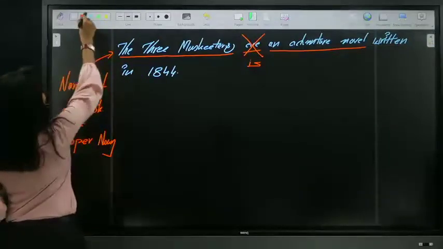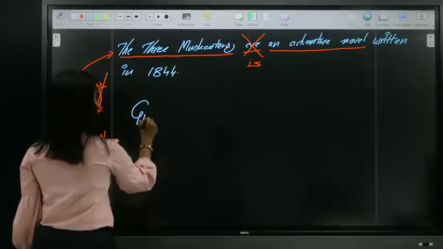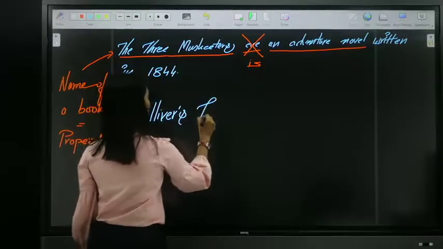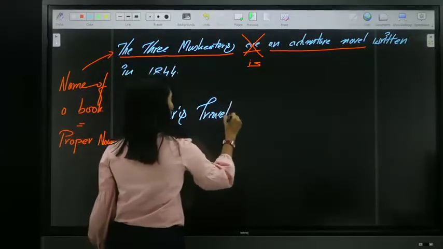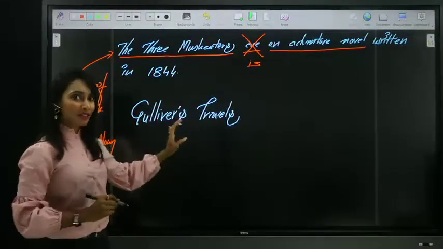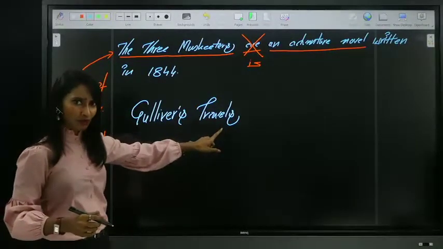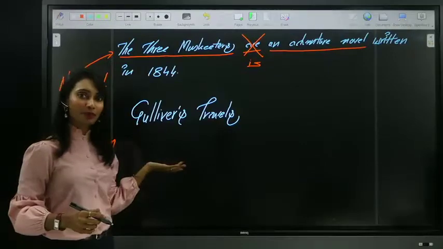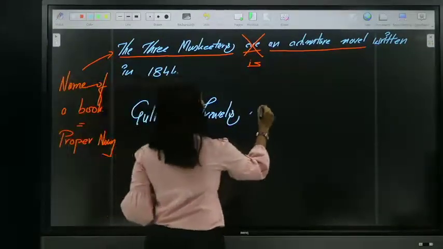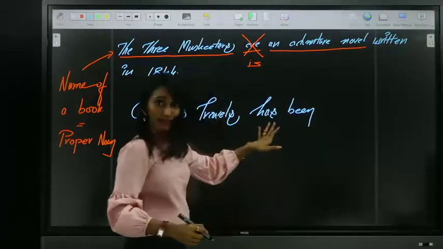Let me give some more examples of such kind. You might have read Gulliver's Travels. It's one of my childhood favorite books. So it is also an adventurous book, right? So Gulliver's Travels is the name of a book. Is it singular or plural? It is singular. So we require to use singular verb. Has been. So has is a singular verb.